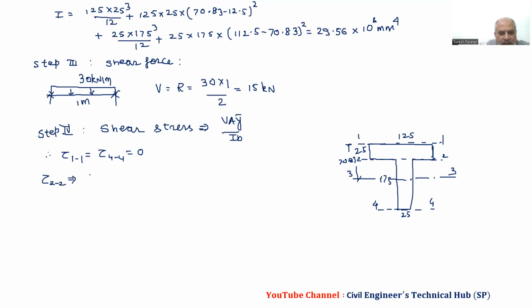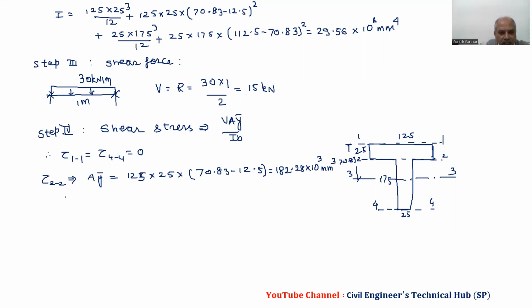So we have to find first A Y bar, and that is equal to 125 into 25 into the distance of the centroid of the area from the neutral axis, which will be 12.5. A Y bar is 182.28 into 10 raised to 3 millimeter cube.